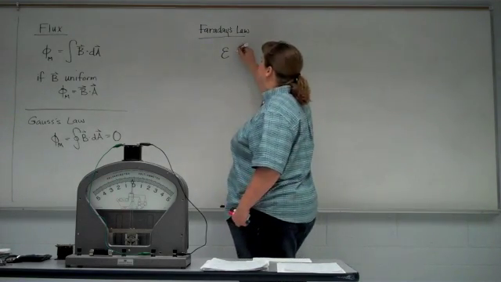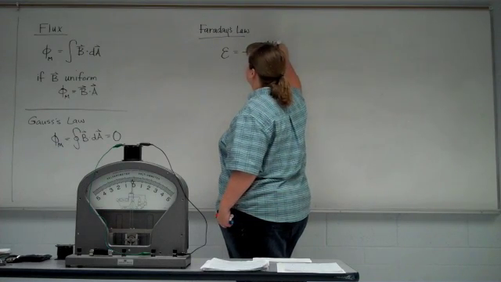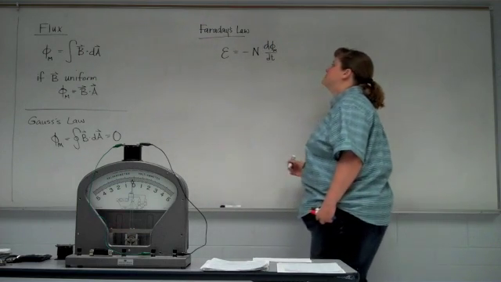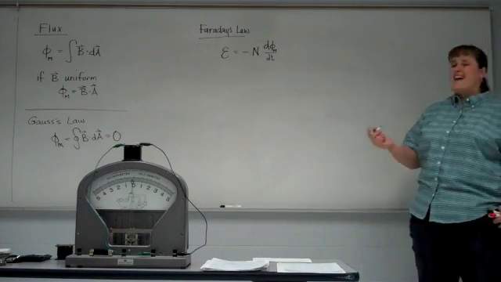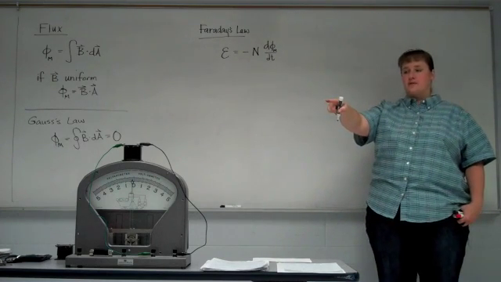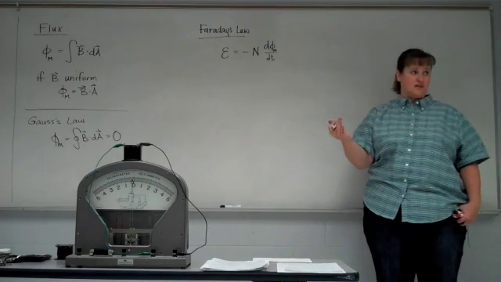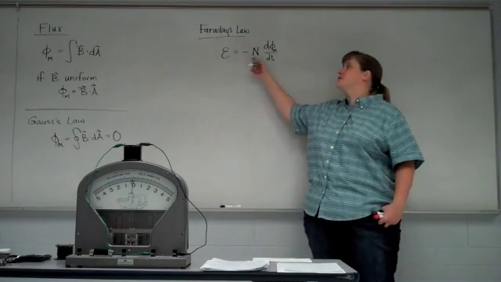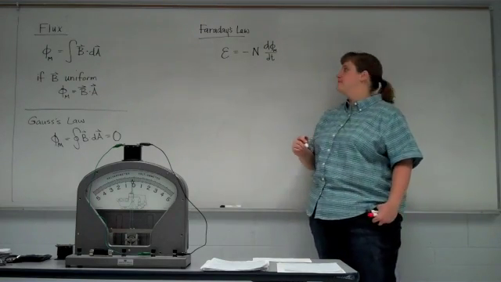The equation looks like this. N being the number of turns we have. So we saw that when we used the 880 turns versus the 55, the result was a lot bigger. So the induced voltage does depend upon how many turns of wire you have in your coil.